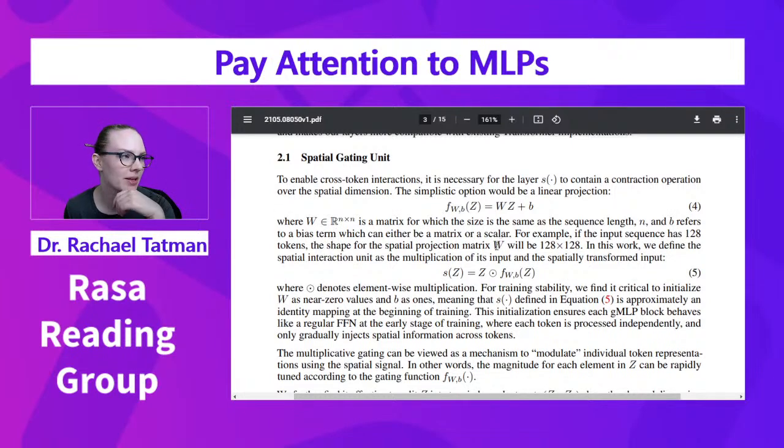And it sounds like what happens is they start with the basic feed-forward network, and as the model is trained, W... Okay, so W is trained. Yes. It's all coming to me. So Z is the input. W is trained, and W starts out as being like kind of nothing.